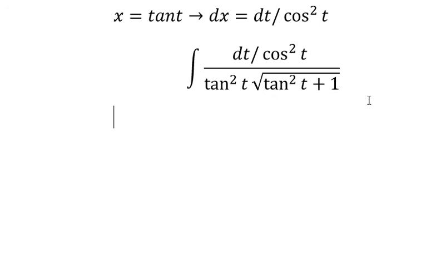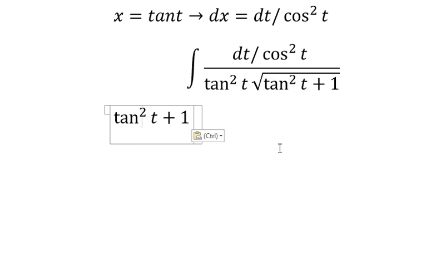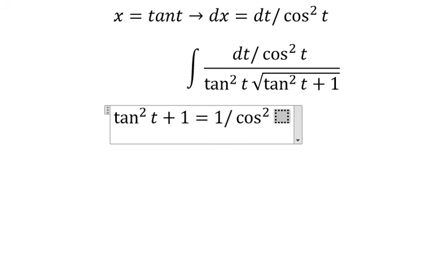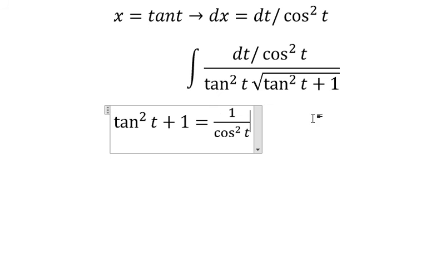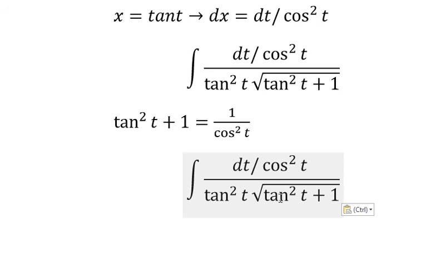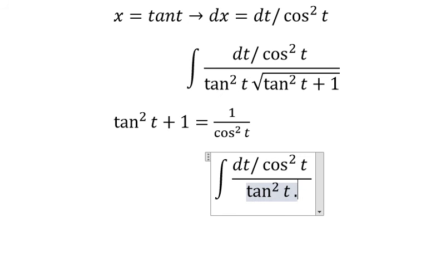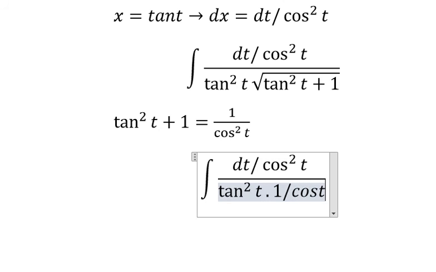We have the formula. This one is equal to 1 over cosine t squared. Because this one is under the square root, you get 1 over cosine t.